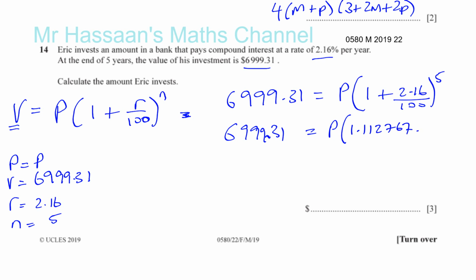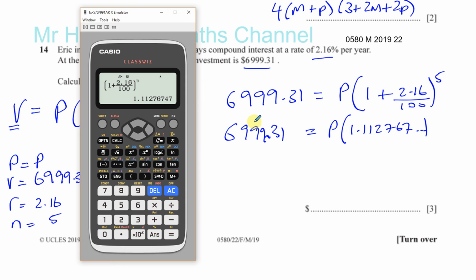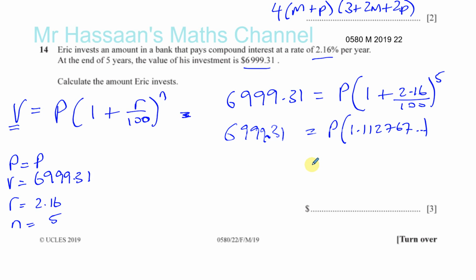Continuing on. So what I'm going to do is take the total value after 5 years and divide it by that. So we're going to take 6,999.31 divided by the answer we got, and that gives us 6,290.00.